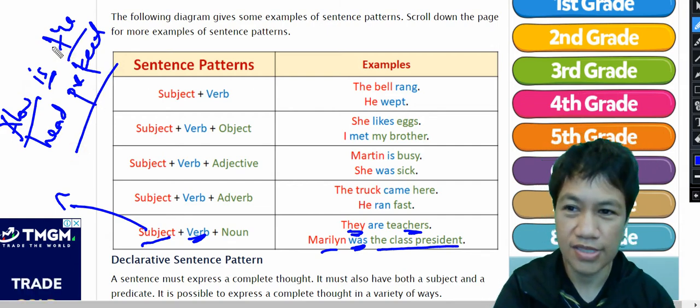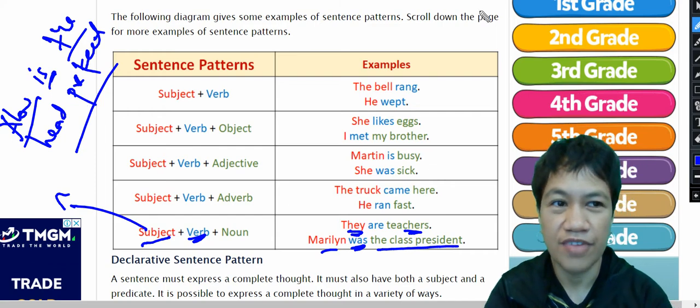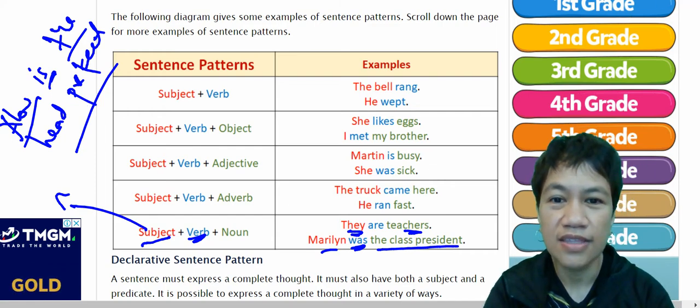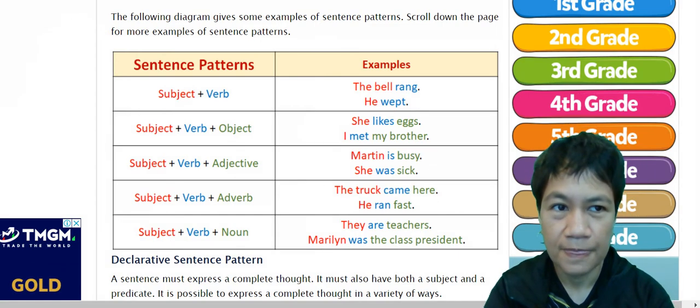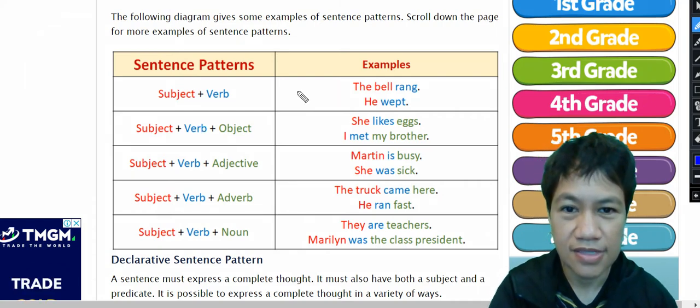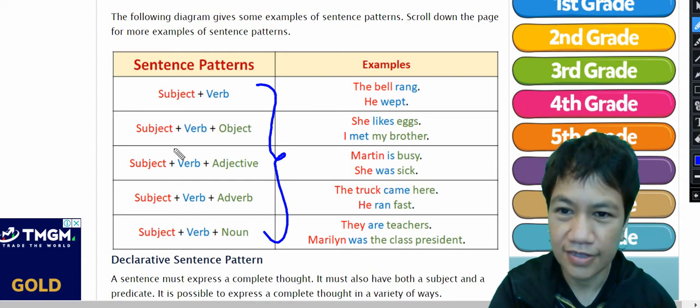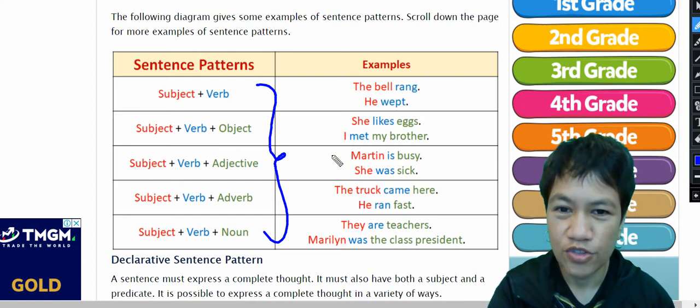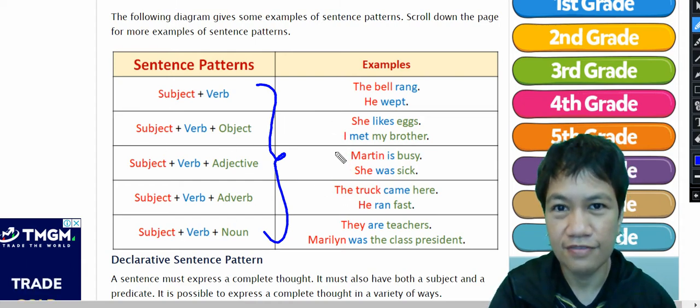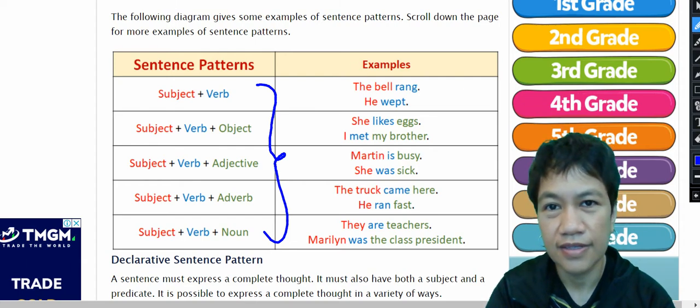Ketua pengawas. Abu is the head prefect. So we can use these sentence patterns to write sentences. Example is here. Use this to write this. Very easy. Okay.